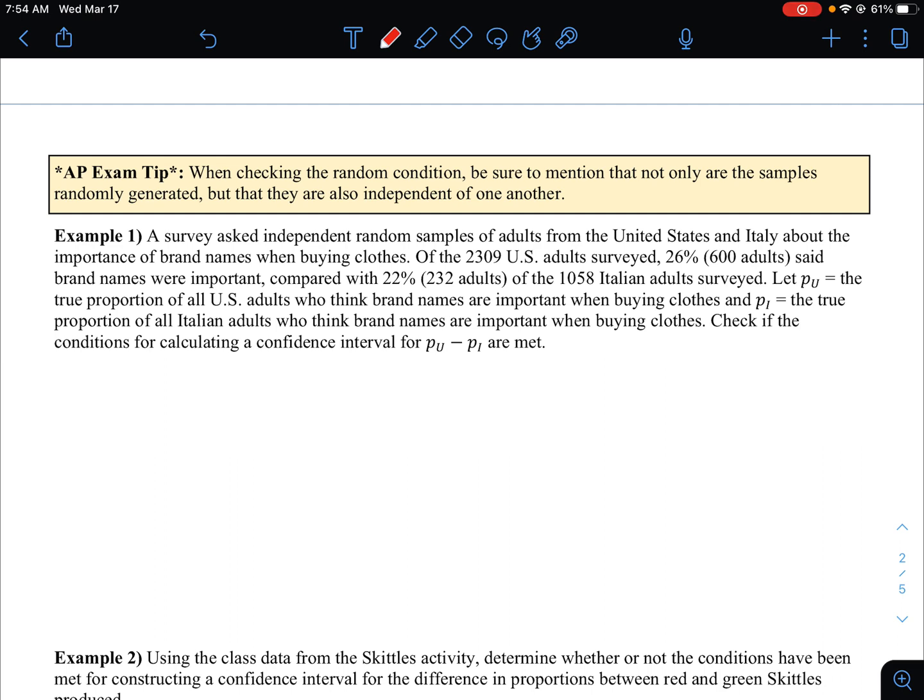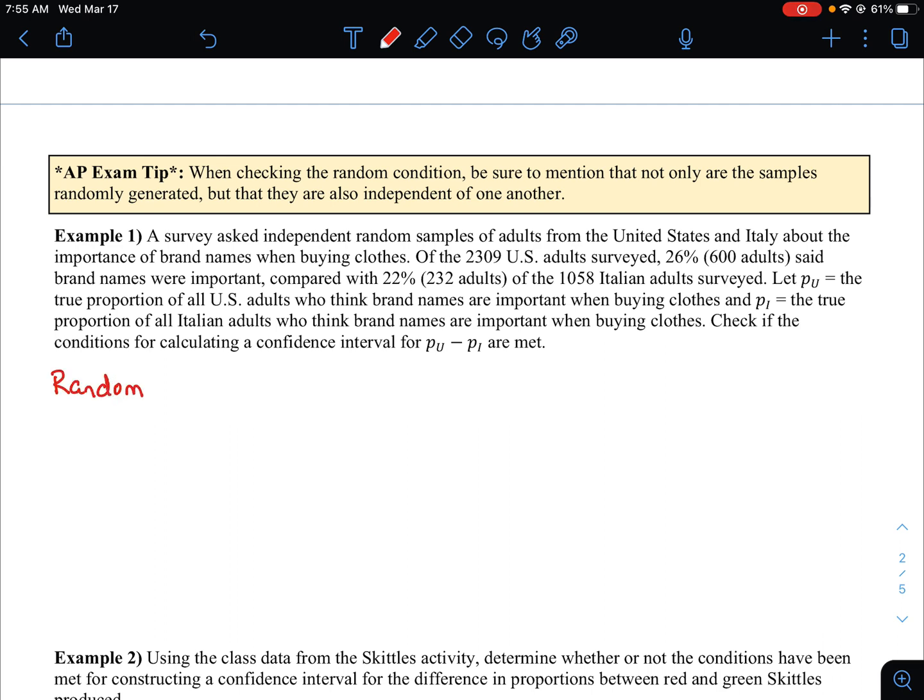Let P of U equal the true proportion of all U.S. adults who think that brand names are important when buying clothes, and P of I be the true proportion of all Italian adults who think name brands are important when buying clothes. What we want to do is check if the conditions for calculating a confidence interval for P of U minus P of I are met.